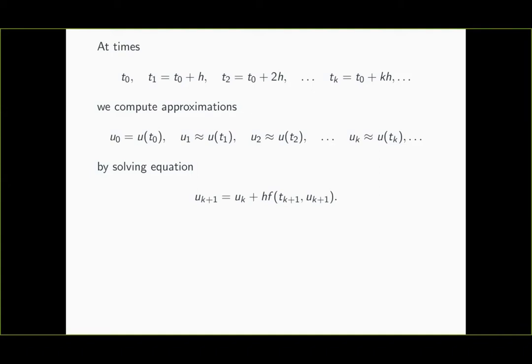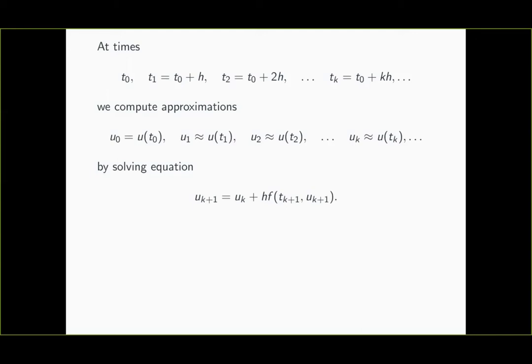We've got a sequence of discrete time steps starting with t0, then t1 is defined as t0 plus h, t2 is defined as t0 plus 2h, and so on. tk is defined as t0 plus k times h. You've got a sequence of discrete time steps with a step size h.